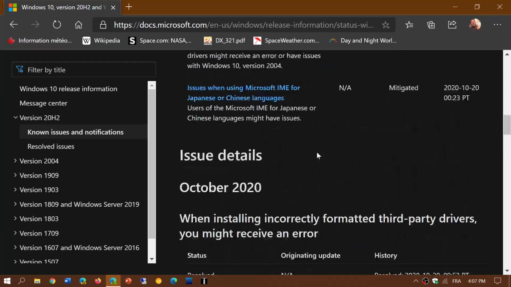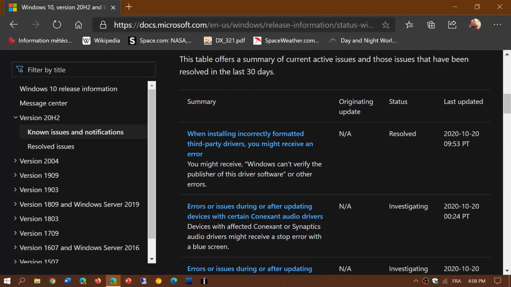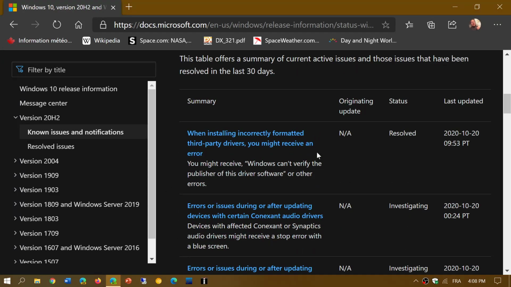One of the things that you need to know is that these issues that are either resolved or investigated are basically the same as they are on the May 2020 update. You got to know that this version is actually the same as version 2004.